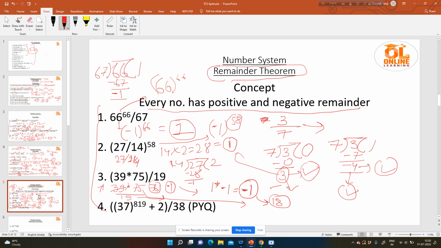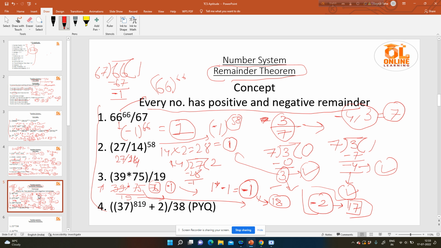The summation of the positive and negative remainders gives us the divisor. For example, in this case you have seen, one is minus 4, other is 3. If we sum both, neglecting the negative sign, we will be getting 7. So if we are getting minus 2 as remainder, then what will be the other positive remainder? It should be 17. Hope you are understanding it, right? Because 17 plus 2 is 19.